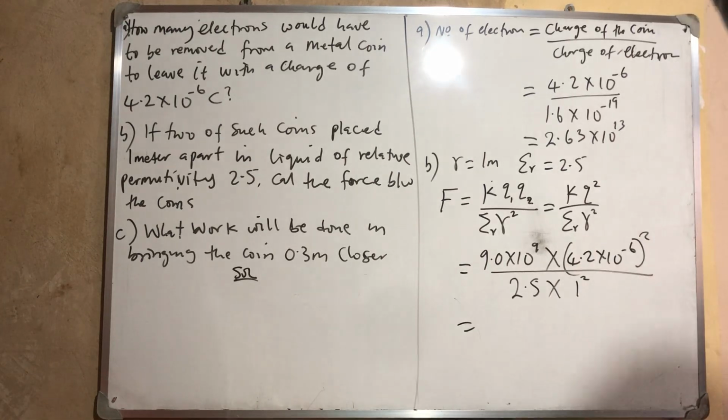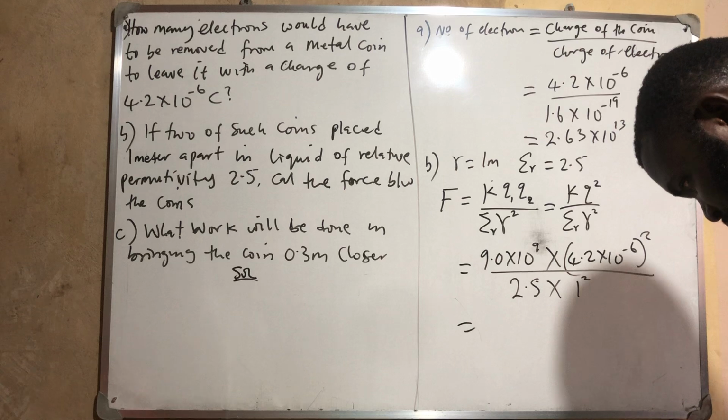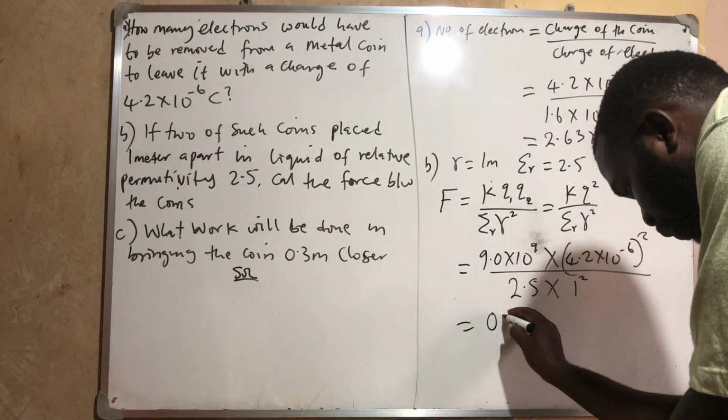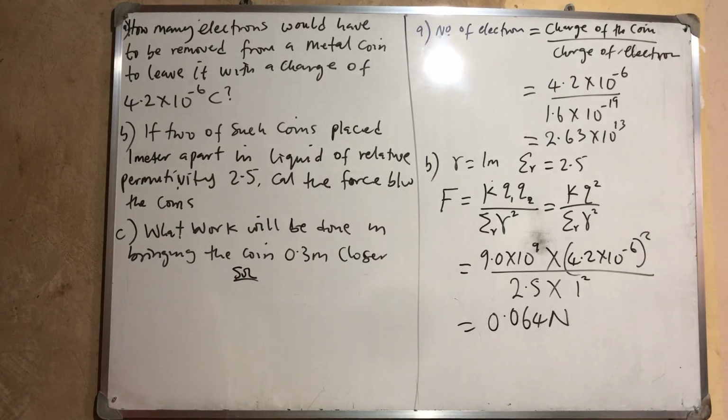If you punch everything in your calculator, you'll be getting 0.064 Newton. All right, so that is that.